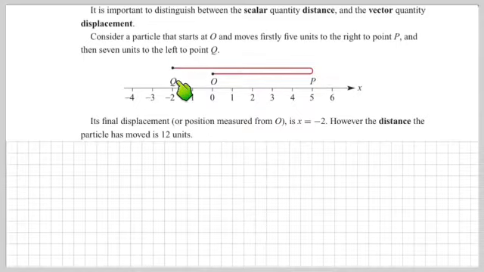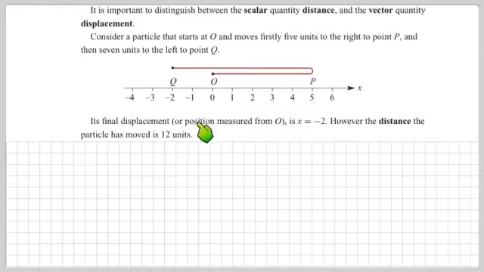Its final displacement, or position measured from the origin, is minus 2. That is its displacement: the finished position minus the starting position is minus 2. However, the distance travelled was 5 units to the right, then 7 units to the left, which is 12 units. So the displacement is minus 2 compared to where it started, and the distance is 12.